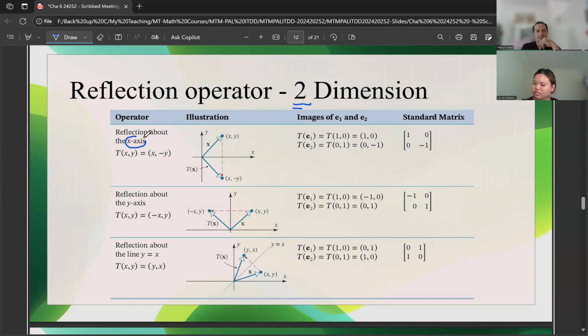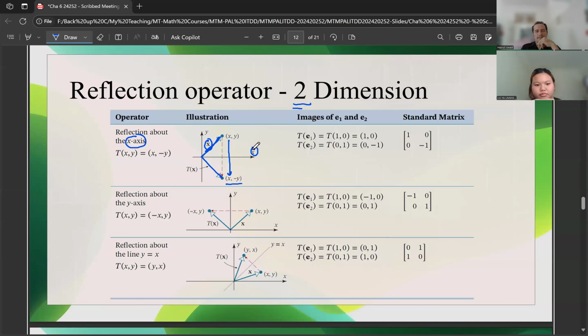Reflection about the x-axis. This is our original vector x, y, and this is the x-axis, and the reflection will be this one. This is the original here, and this is the reflection.